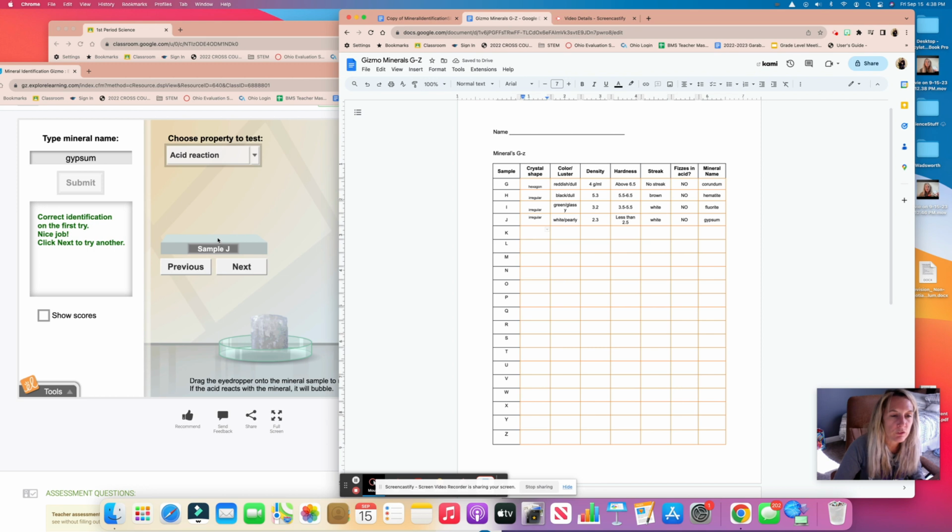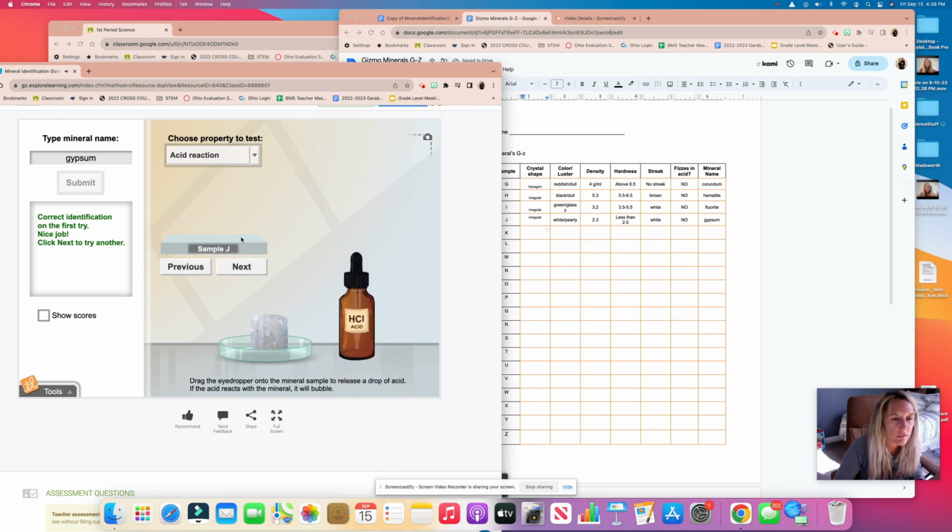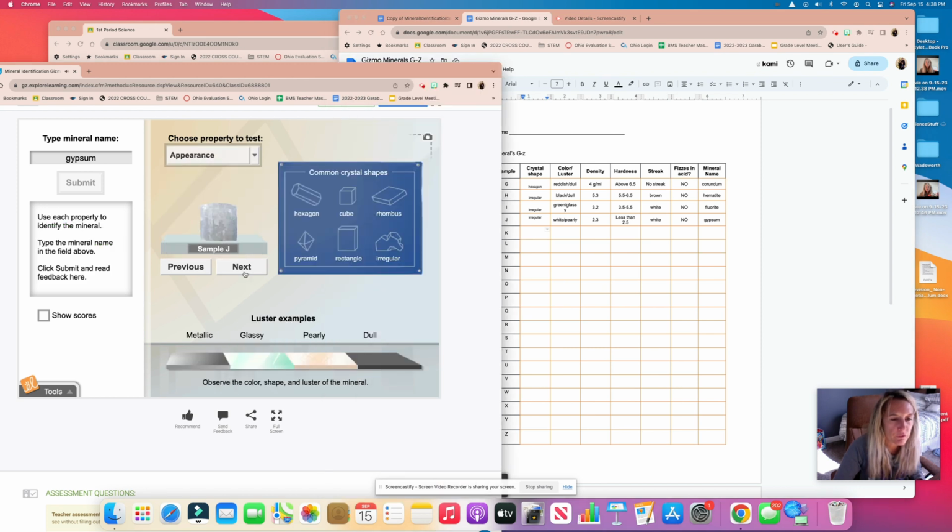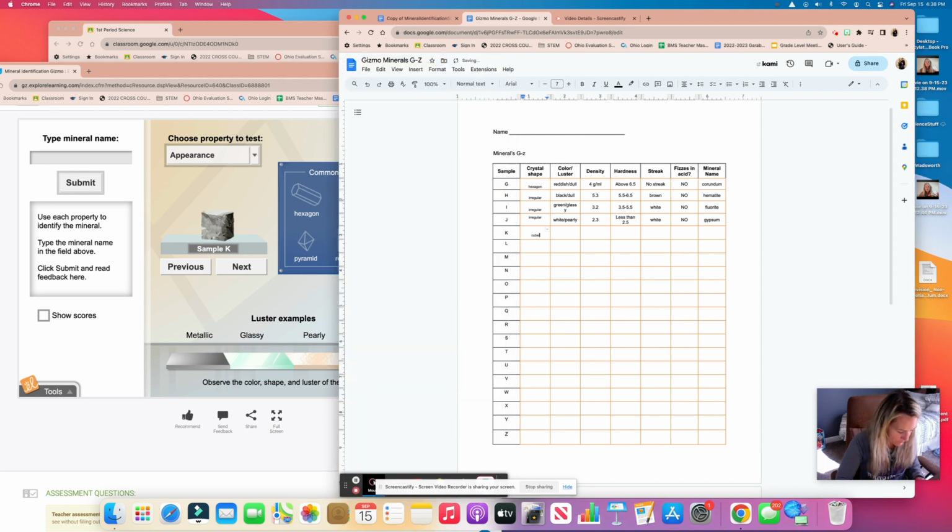All right, moving on to K. We'll go to appearance, sample K. All right, so sample K is metallic, so it's kind of hard, and it is a cubic structure. So we would say a cube and metallic.